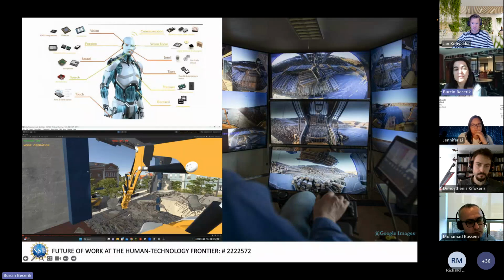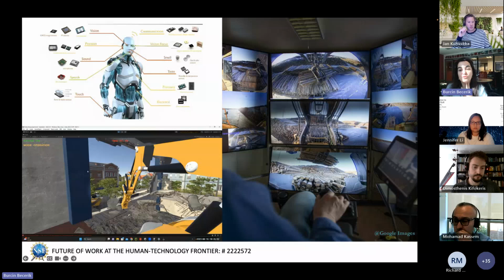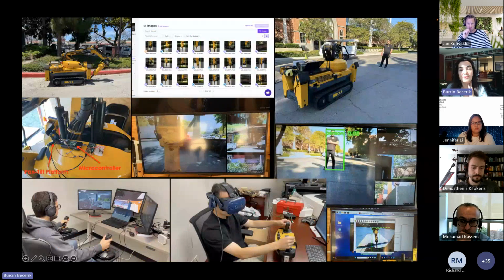So in another project, we're looking at not just the visual cues, but the sound, haptic feedback, even smell, to provide essential context about the structure, the construction site, and the surrounding environment, all of which are very important for enhancing safety and efficiency if we were to have remotely operated construction equipment. Anyway, I'll fast forward.